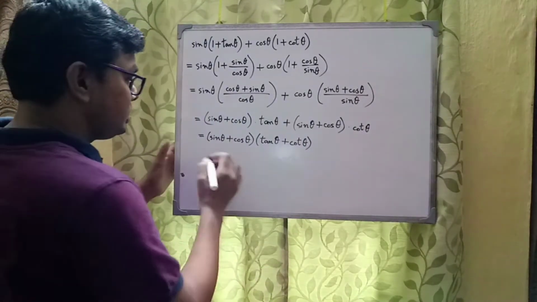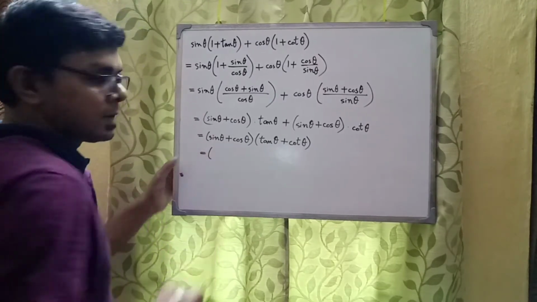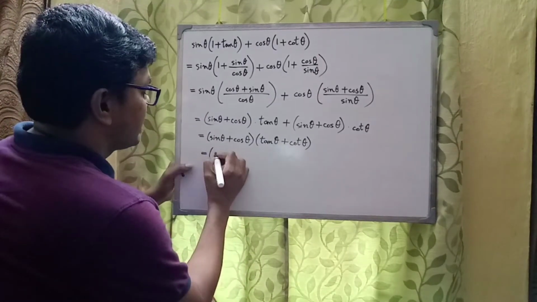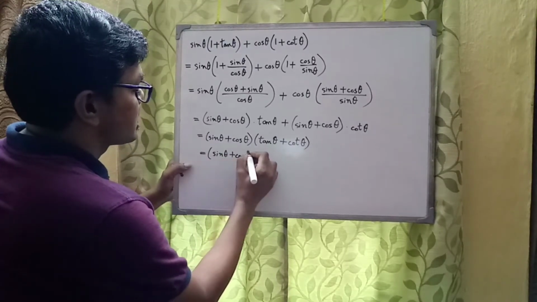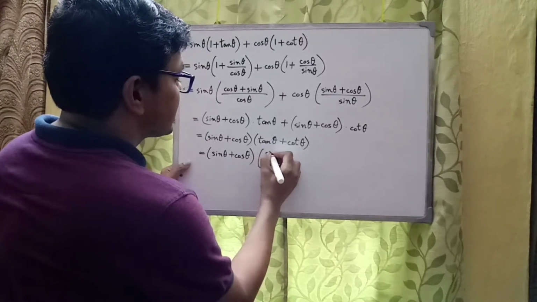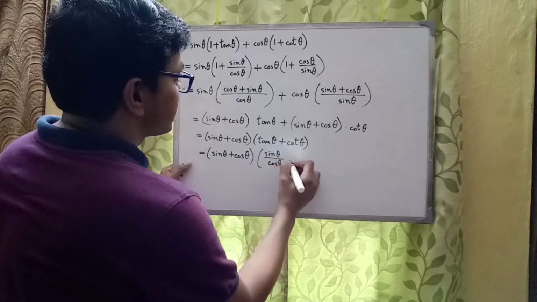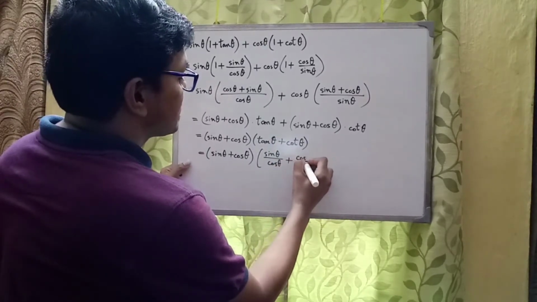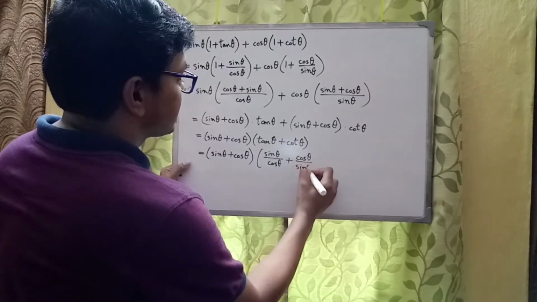Okay, now this can be written as sine theta plus cos theta. Now again we will do the same thing. Tan theta is sine theta by cos theta, and cot theta is cos theta by sine theta.